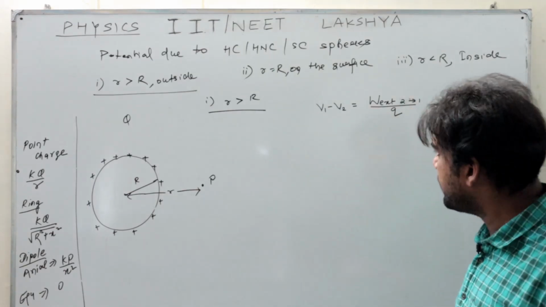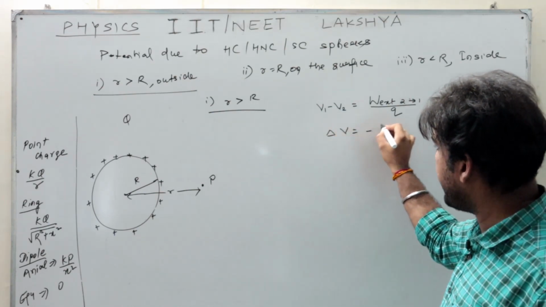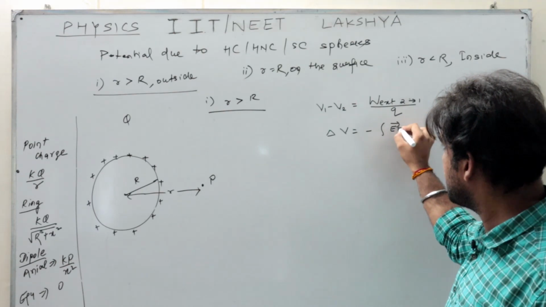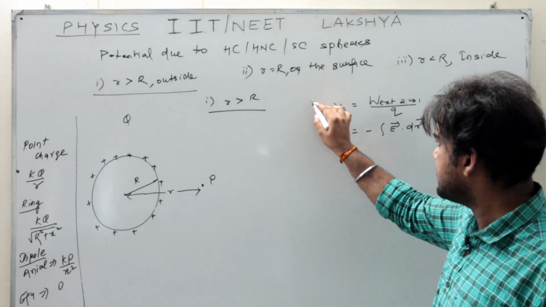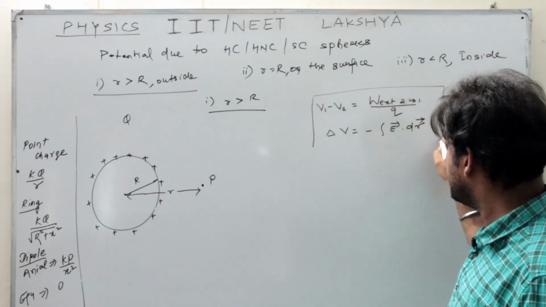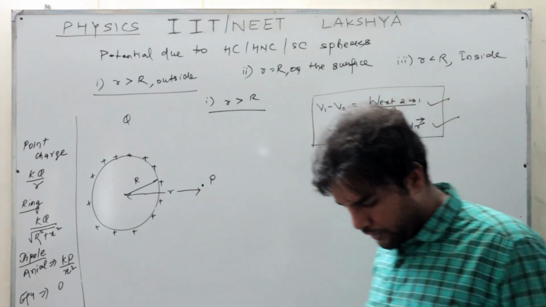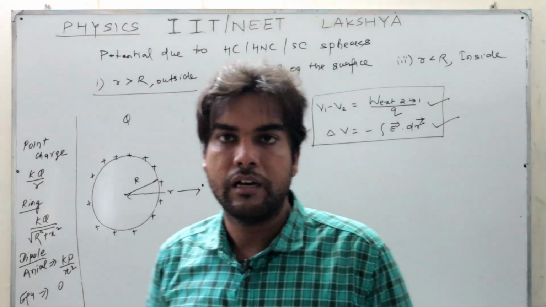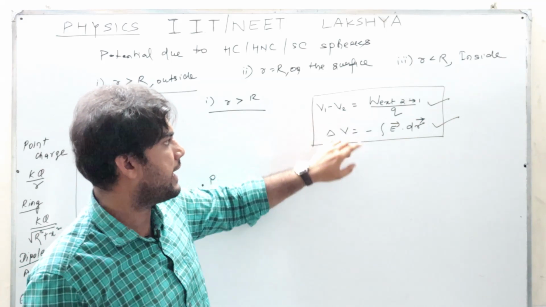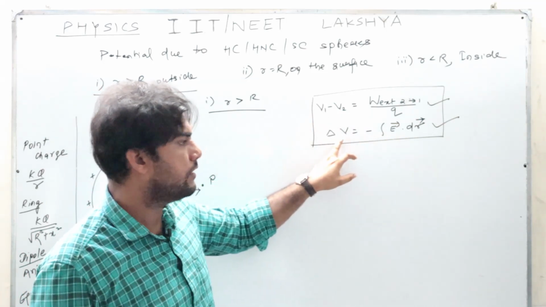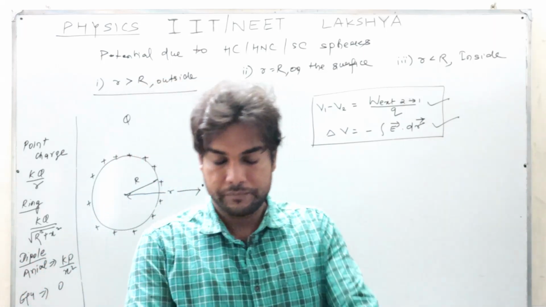Apart from that I also discussed that delta V is equal to minus E dot dr. For this you can watch my sessions on potential difference and the relationship between electric field and potential, because today we are going to use these relationships.